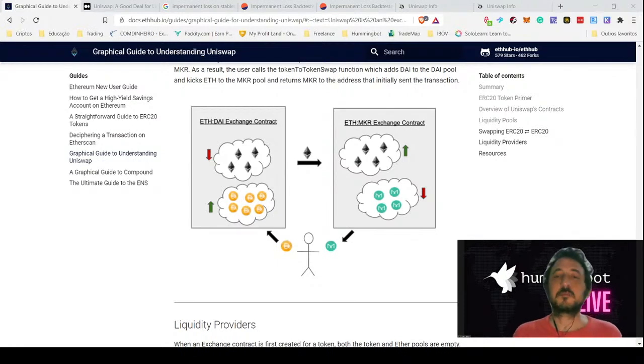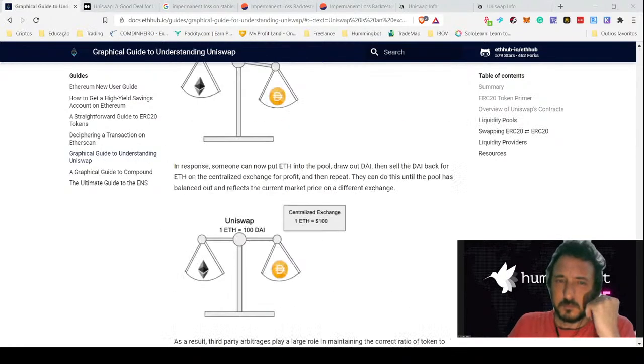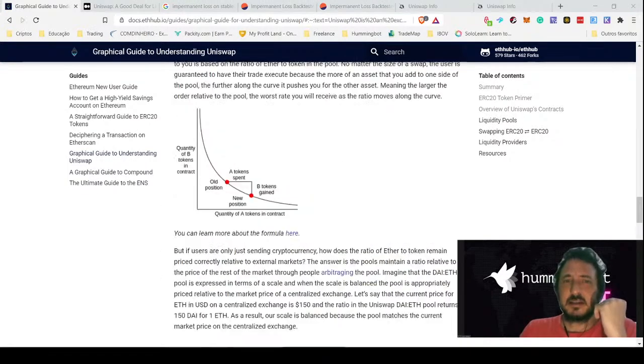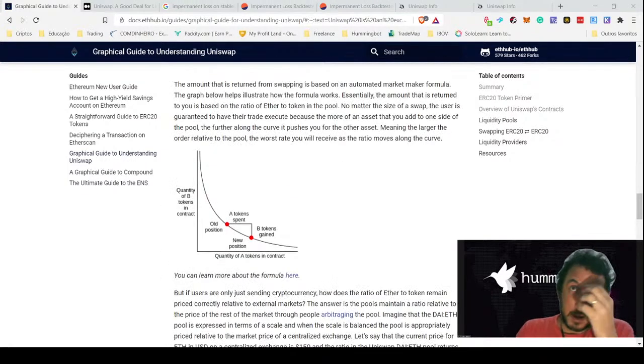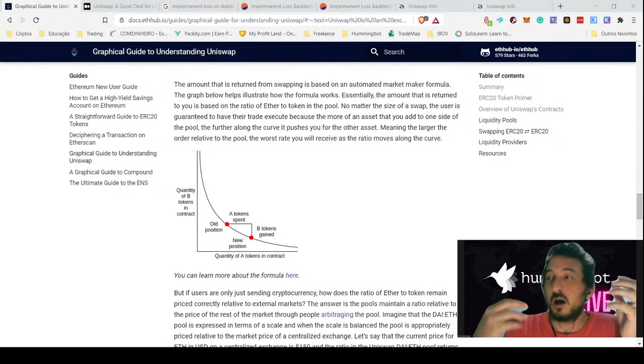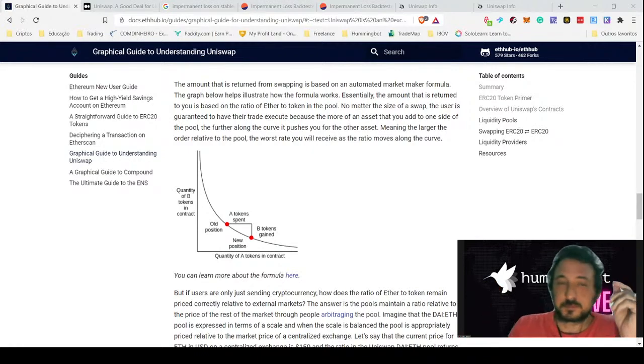And so the first model used by automated market makers is where the price of the asset depends on how much liquidity there is, how many units of each asset there are in the pool. So it creates a balance as the amount of each asset in the pool moves around, right?